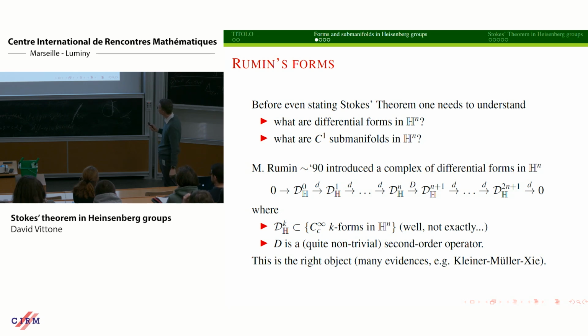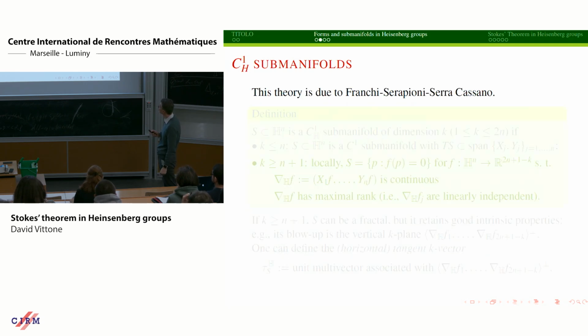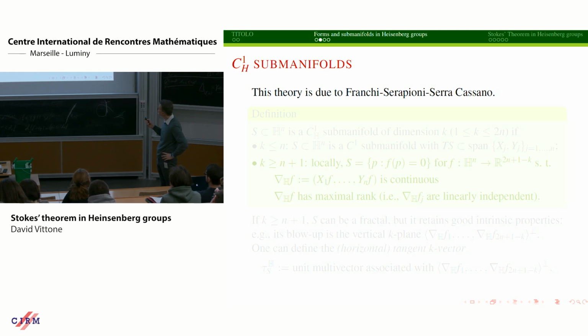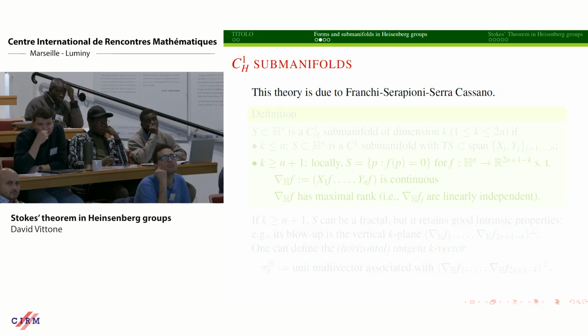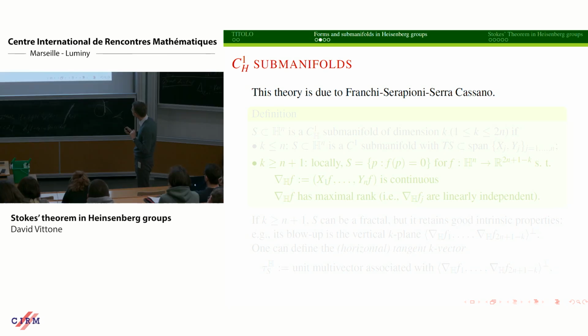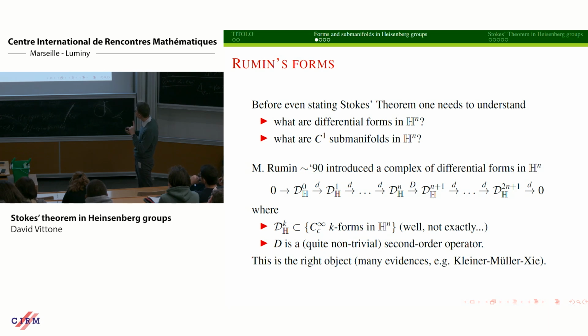The second one: what are C1 submanifolds in Heisenberg groups? So there is a now quite established good theory, which is essentially due to Franchi, Serapioni, and Serra Cassano in the last 20 or 25 years. And exactly as in Rumin's complex, these spaces are defined in two different ways.